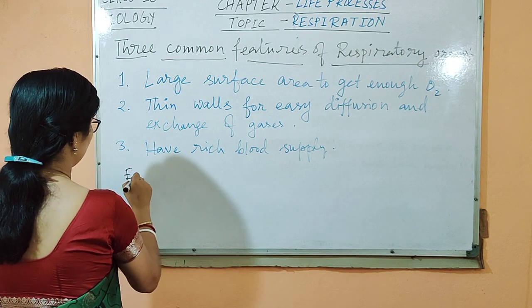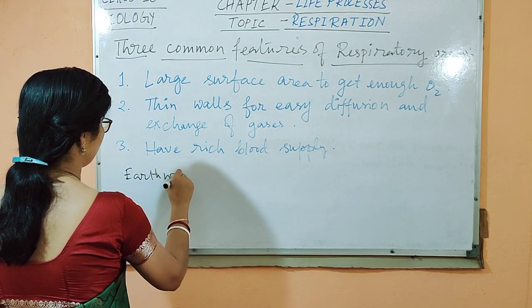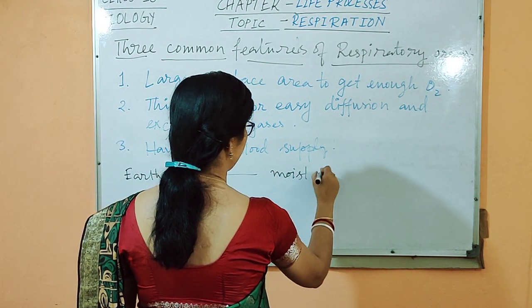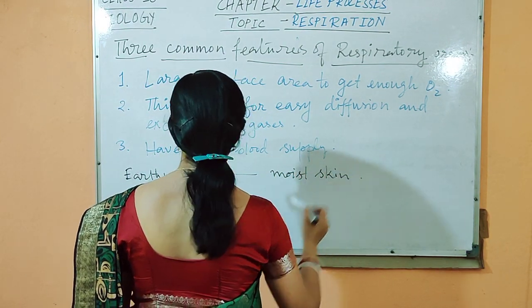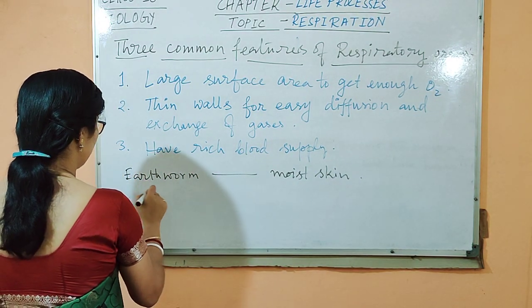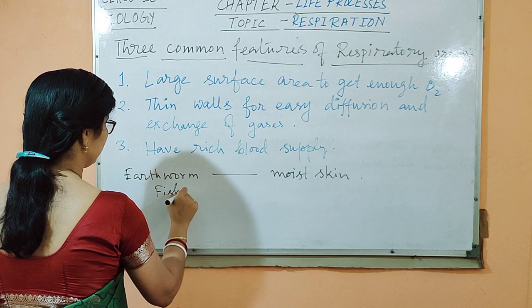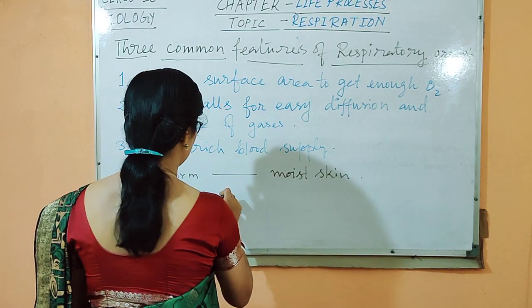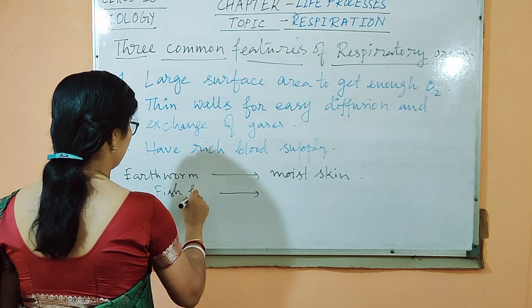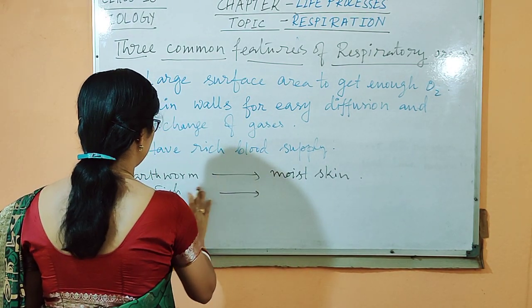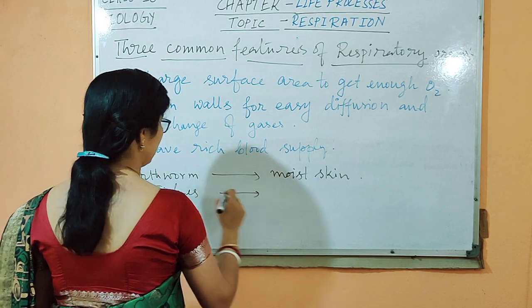So for example, in case of earthworm, it is moist skin. In case of fishes, gills.